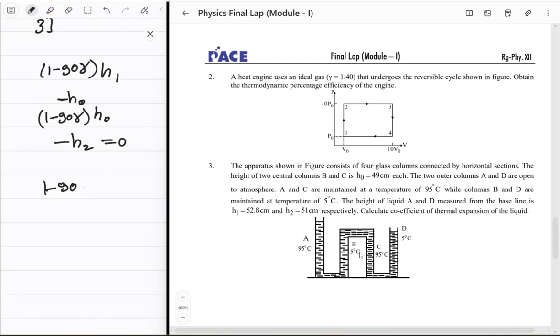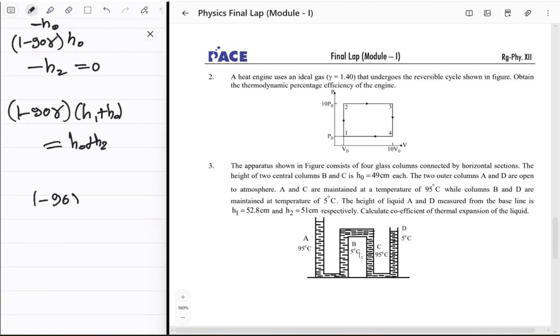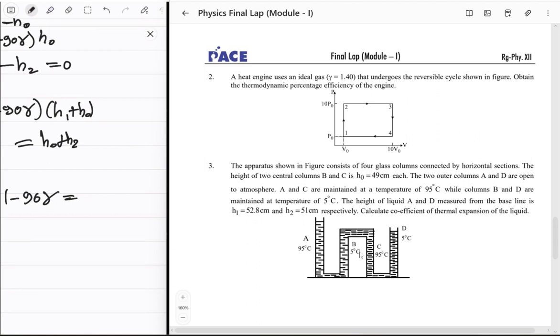So minus 90 gamma times h1 plus h naught is equal to h naught plus h2. So what you want is like 1 minus 90 gamma is just equal to h naught plus h2 upon h1 plus h naught, right? Yeah.